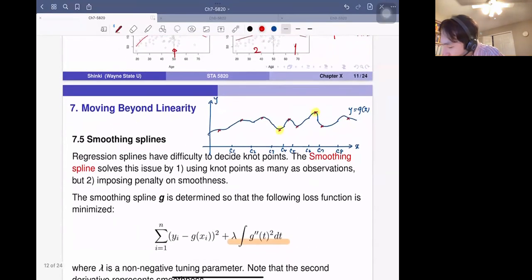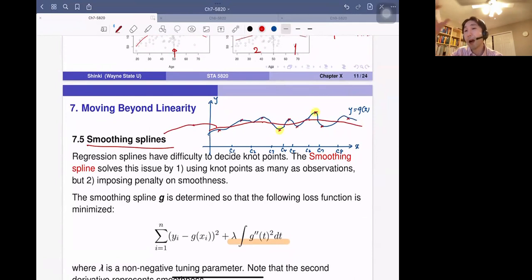So even if the piecewise estimation is allowed, maybe this kind of curve will be the final fitted line. So that is the smoothing spline. So we allow many knot points, but we penalize the size of the fluctuation.